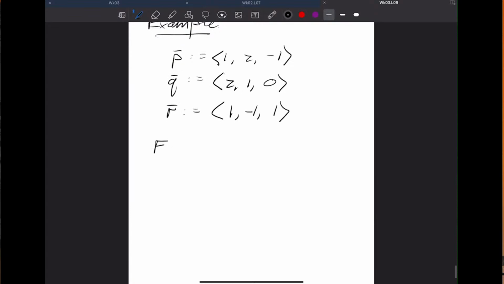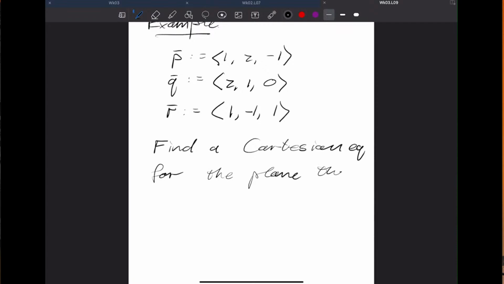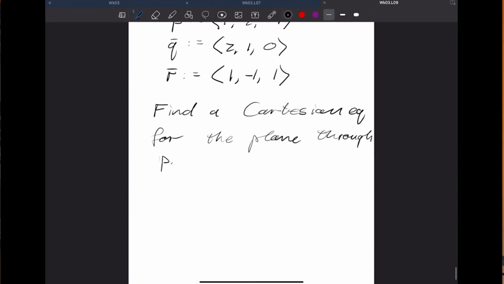Then the question is: find a Cartesian equation for the plane through P, Q, and R.